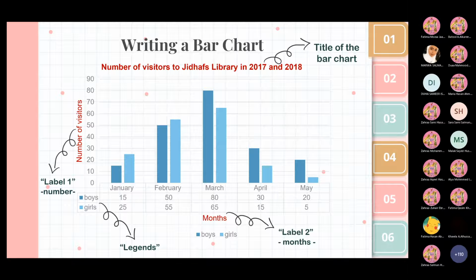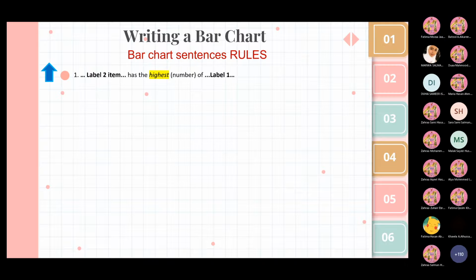Okay, great job, Batul. And the second sentence: the arrow is going down. So we will say the least number or the lowest number. So the sentence will be: label 2 items has the least number of label 1. Who will say the sentence?